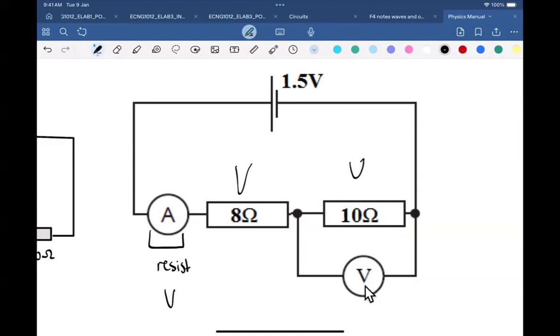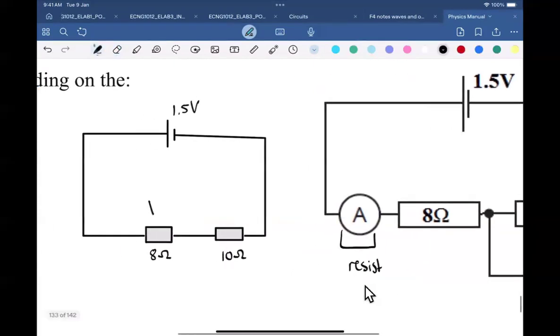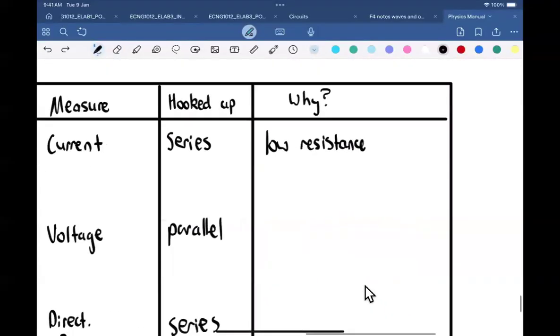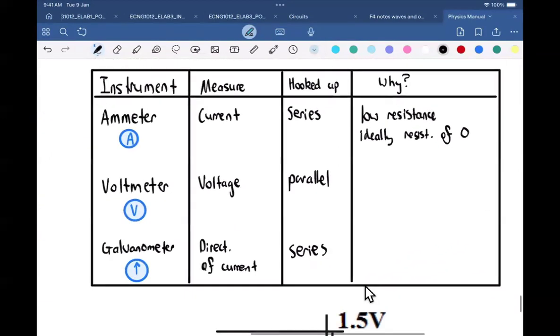Yeah, but wouldn't that affect the original circuit? Because in the original circuit, you're just supposed to have 2 voltage drops. You don't want that. You want the ammeter to just measure the current, that's all. So it must have a low resistance so it does not affect the circuit. Ideally, we want a resistance of 0.